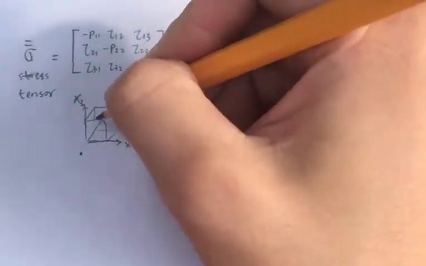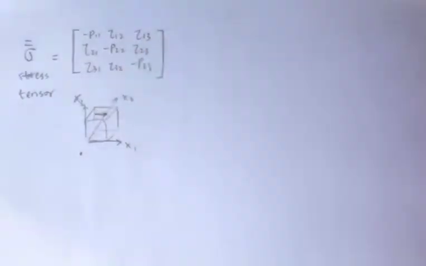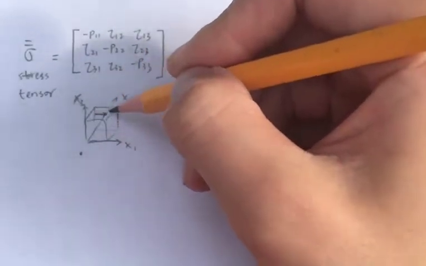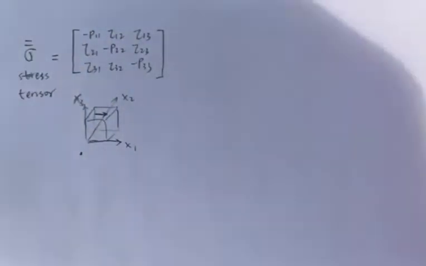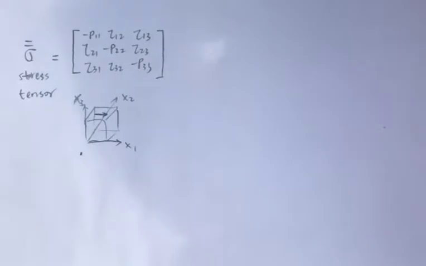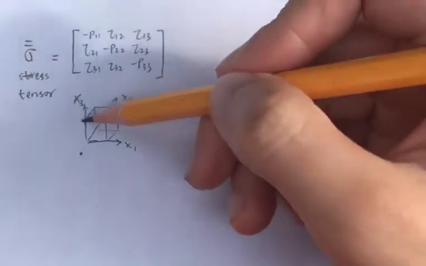So can you tell me, what will this stress be called? This stress is acting on the upper surface of the cube, right? So first we need to find on which surface the stress is acting. It's on the upper surface, right? So how can we represent a surface by just one index? By its normal, right? I think you are familiar with this notion.